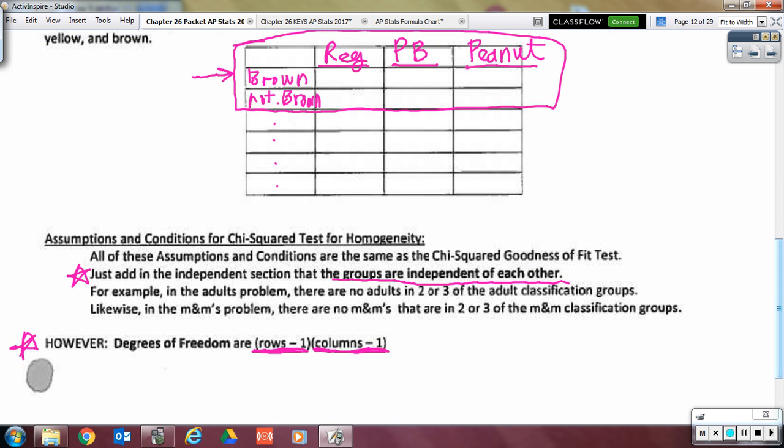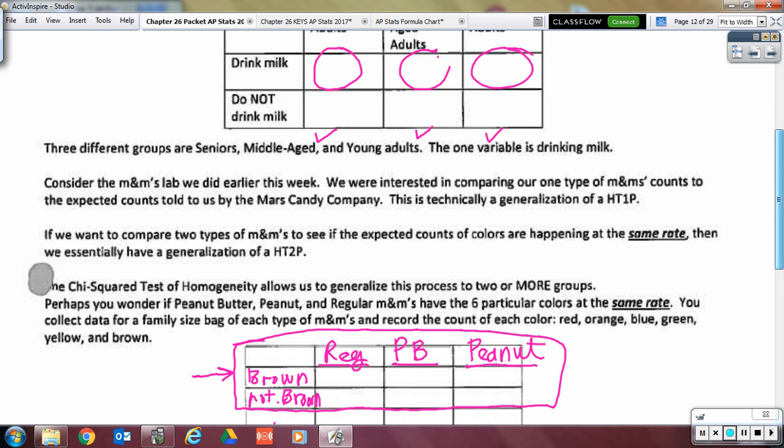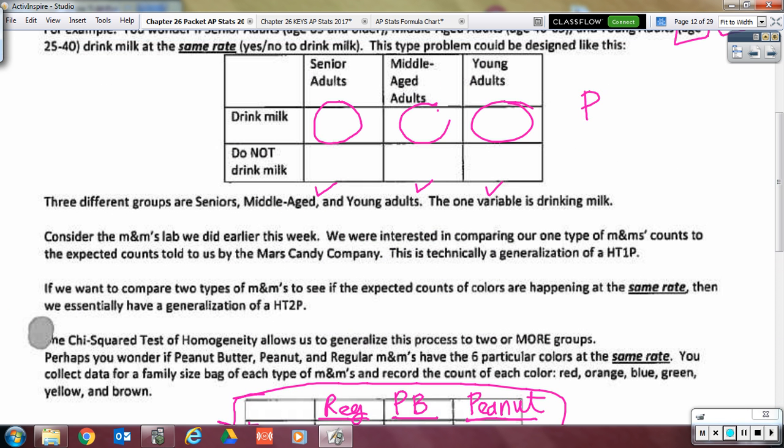Now, let's talk about what's different in this for assumptions and conditions. Random will be the same. Independent, as far as the sample size, is less than 10% of the population for each respective group population. But let me ask you this. Do you recall when we were comparing one proportion to another proportion, what was another condition we had for independence if we were just comparing these two groups?